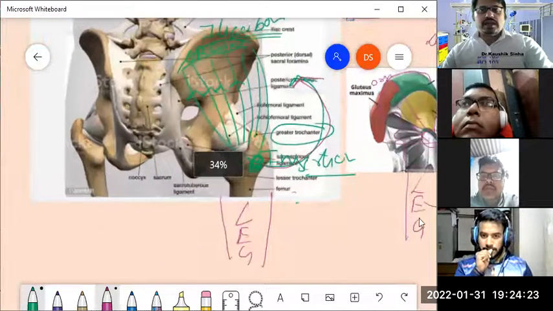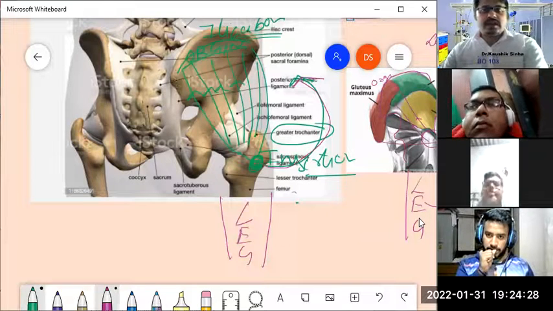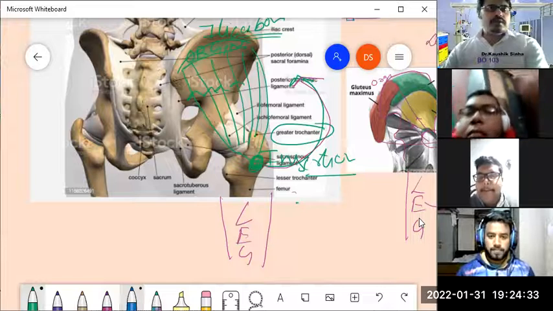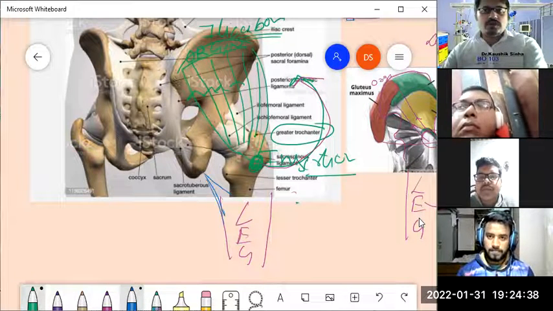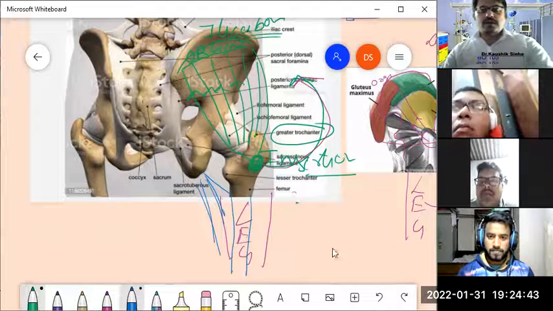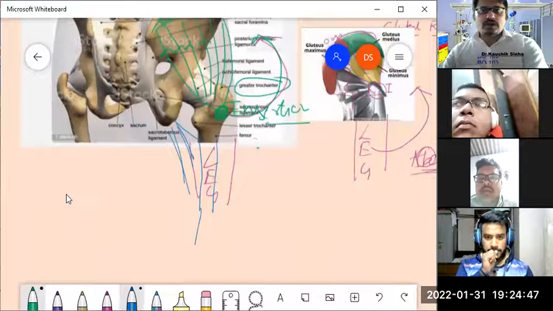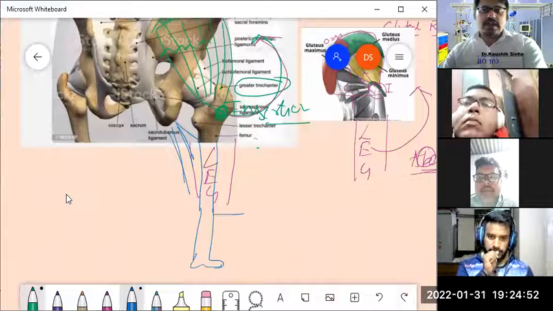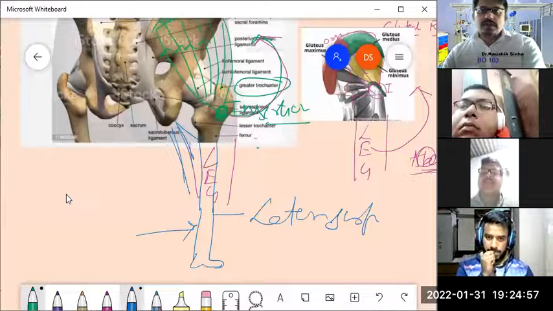And consider that at the same time, if I need to adduct the leg, the muscles that should be assisting in the movement of adduction should be present on the medial surface of this bone. If I extrapolate this femur, if I draw this femur downwards, then this is the lateral surface and this is the medial surface.